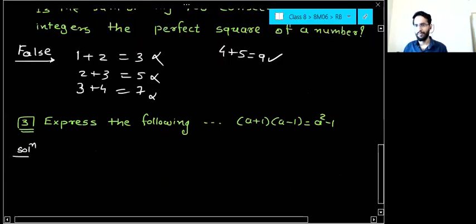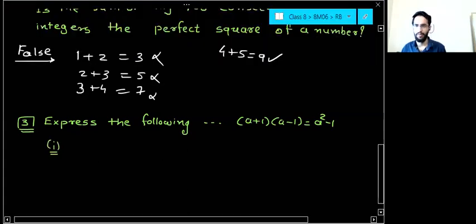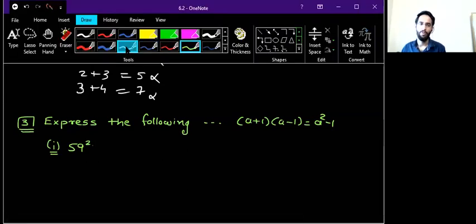Solution. Your first question is 59 square. Now see here how we can write this.